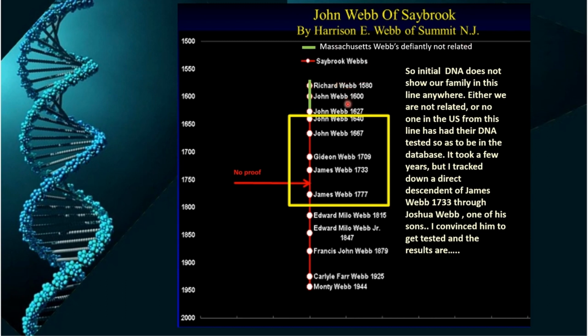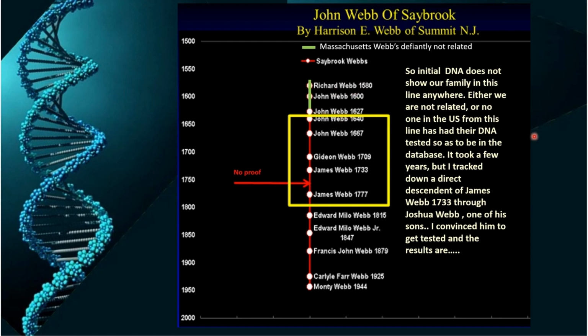Richard, John. And of course, that means that by the time they get to this John, he's usually John 2 or John 3 or something like that. But the jump from him to this John Webb here is absolutely wrong. There are plenty of Webbs that have their DNA from this group, and that DNA does not match ours at all.